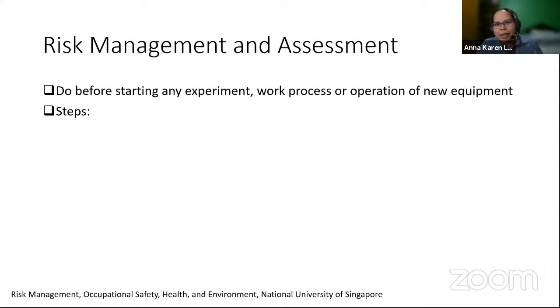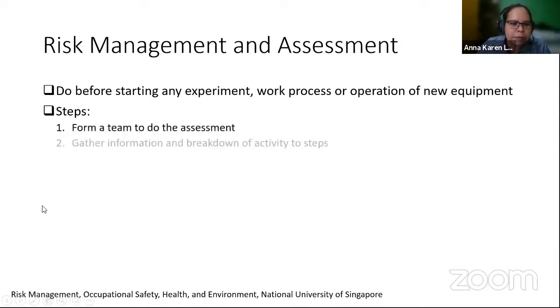Ferromagnetic materials are not allowed inside, otherwise they will be flying into your NMR. You have to make sure that you properly assess the risks, properly identify the hazards, and establish the correct control measures.